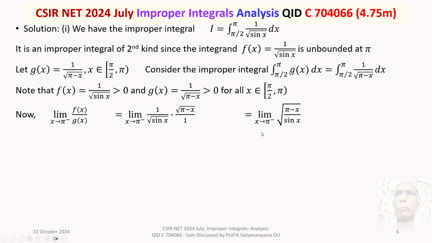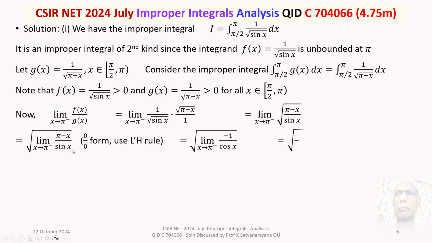That is, the limit as x tends to pi from the left of the square root of pi minus x by sin x. Now, can the limit go inside the square root? Yes, because the square root function is a continuous function. So therefore, it is the square root of the limit as x tends to pi from the left of pi minus x by sin x.